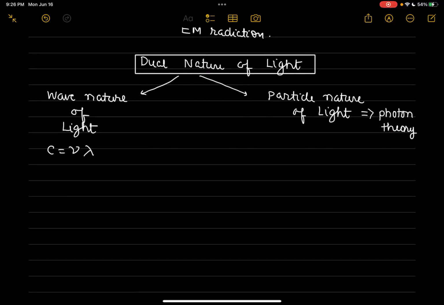So if light is coming towards me, wave nature will tell us that it is an electromagnetic wave of electric and magnetic field approaching me.